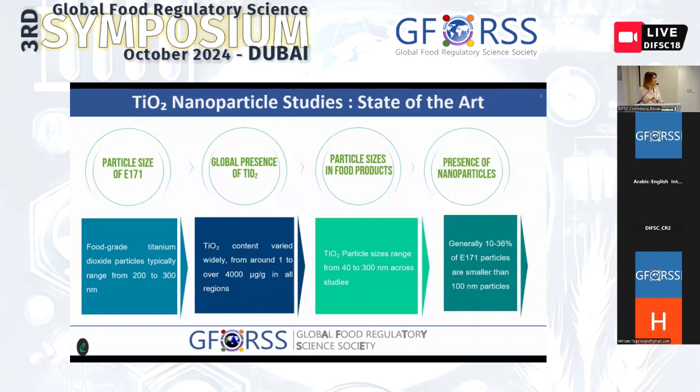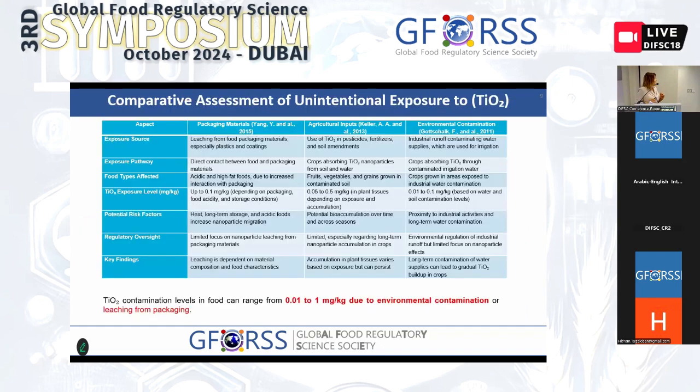However, the key finding from these studies is that between 10 and 36% of these additive particles are smaller than 100 nanometers. Other studies on unintentional exposure to titanium dioxide illustrate how these pathways contribute to the presence of titanium dioxide in food.